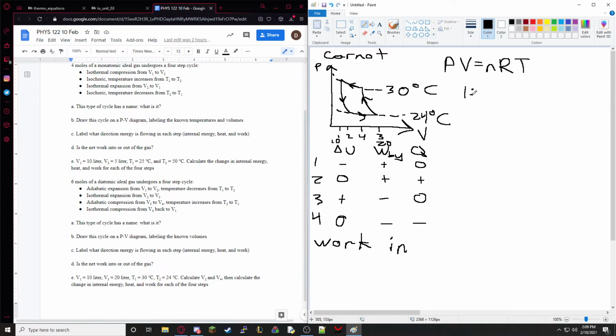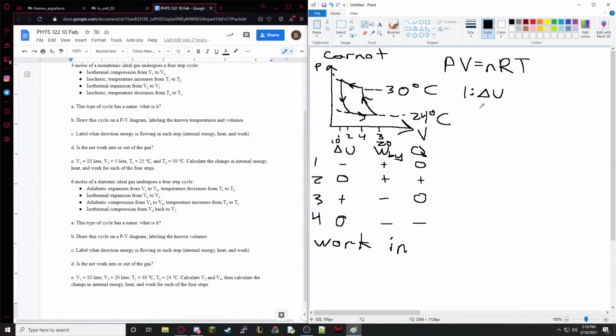I think actually maybe we're supposed to use 5/2 nRT. You are absolutely right, and why is that? I forgot about that, but this is diatomic. Diatomic, exactly. We almost missed that.